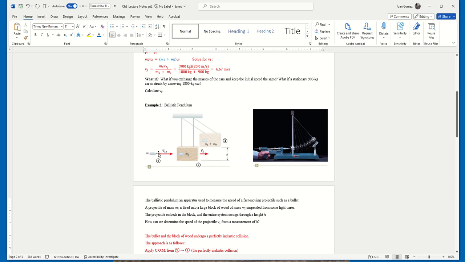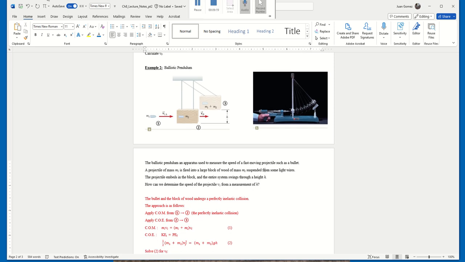So you have stage 1, stage 2, and stage 3. Stage 1, you fire the bullet, mass m1, initial speed v1 initial. Stage 2, the bullet and the block of wood undergo a perfectly inelastic collision. They begin to swing together with some speed vf, and then stage 3, when the pendulum has reached its maximum height h, it's not moving.